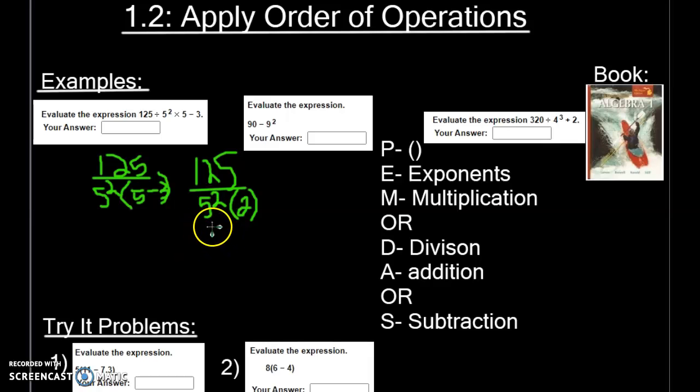Alright, now this could be further simplified using exponents. We're done with the P. So this is done. Now the exponents.